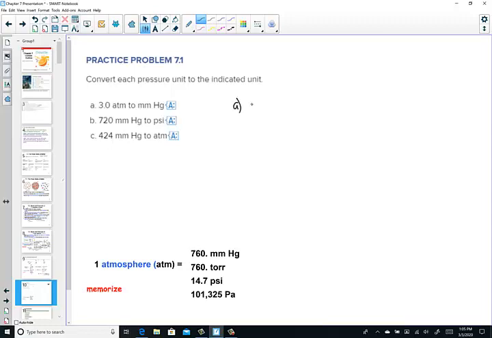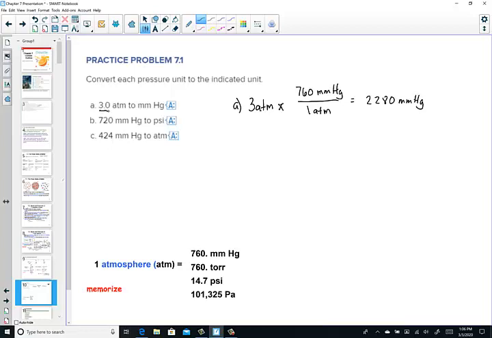All right, welcome back. We have 3 atmospheres as our given in letter A. We want to know mmHgs. Its conversion is 760 as equivalent to 1 atm. So with letter A, did you just simply say 3 times 760? And when you did that, you found 2280 millimeters of mercury.